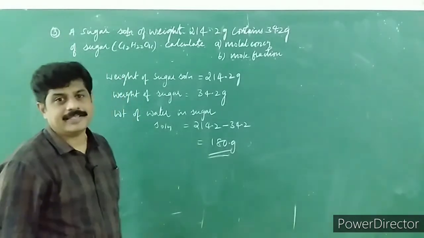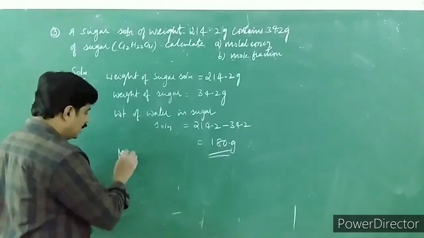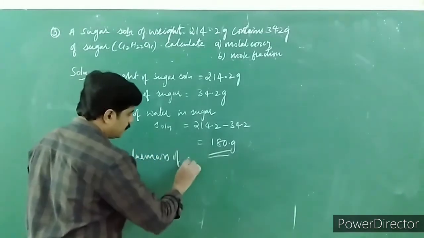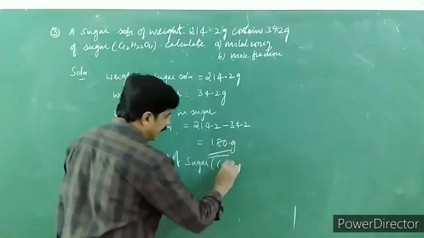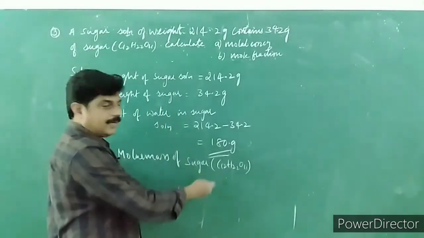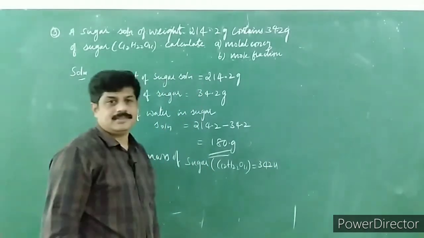Now we need to find out the molar mass of sugar. The formula you know: C12H22O11. If you put the atomic masses, you are going to get 342 unified mass. You can do that.